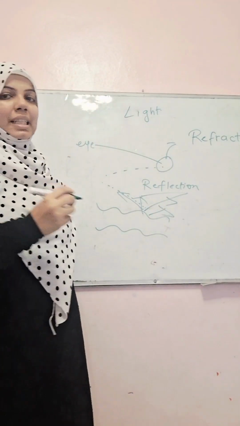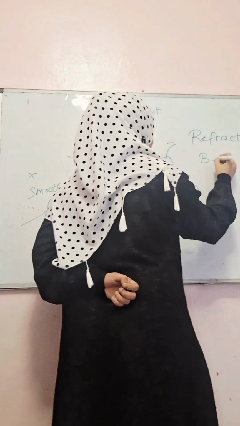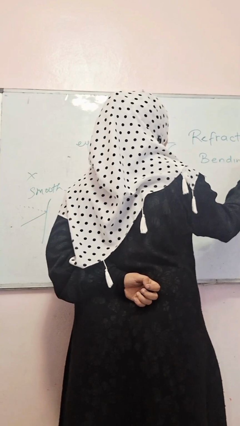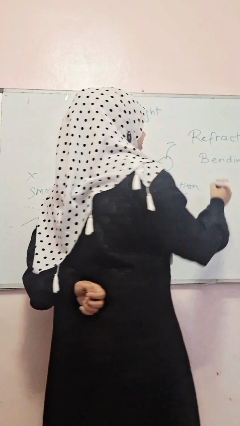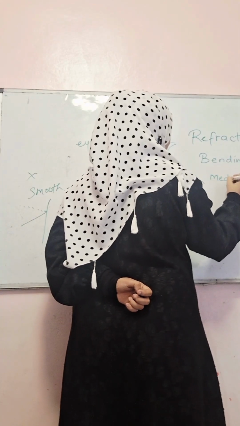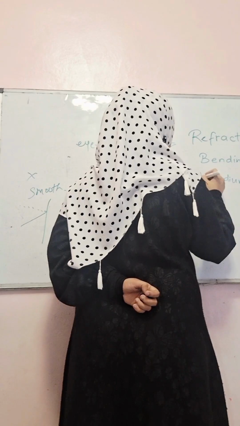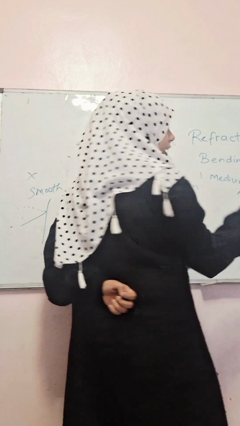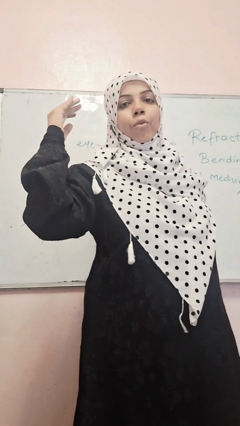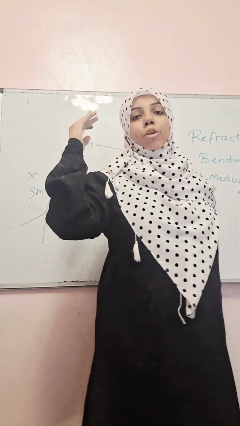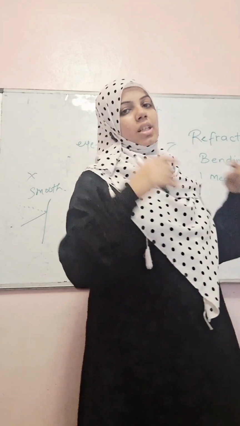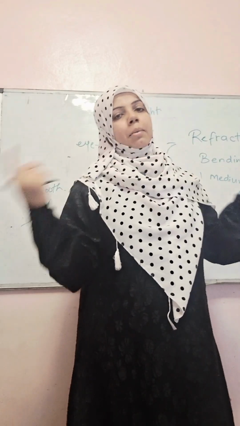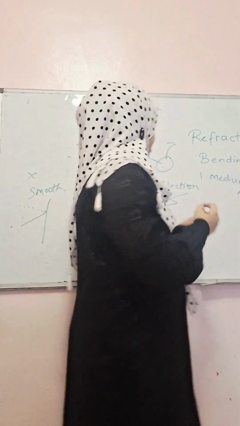Refraction means bending of the light when it travels from one medium to another. So in this case, when light was traveling from air to water, we saw the pen appear to be bent, but it's just refraction.